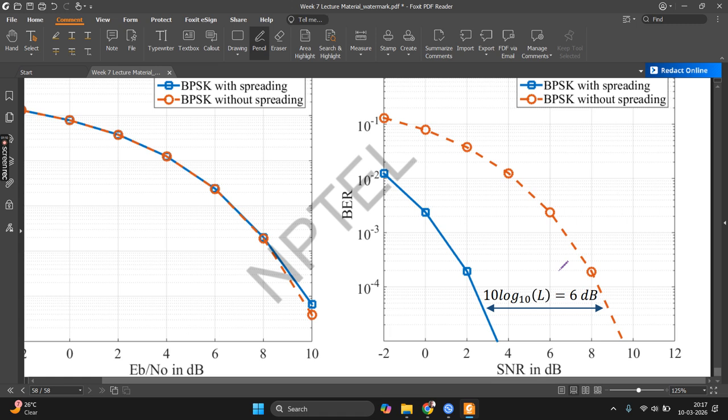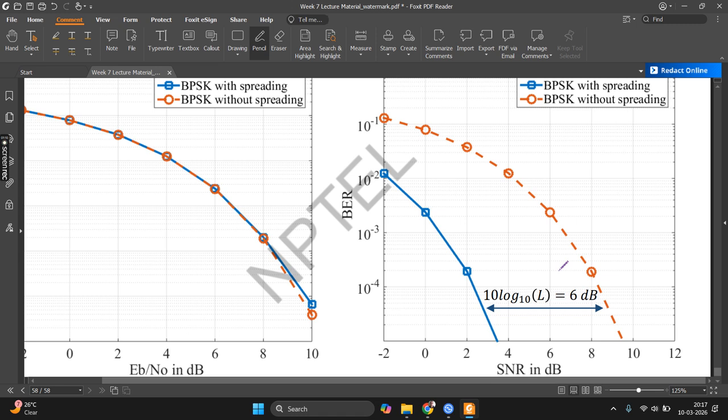But once you have that spread sequence, the noise is getting spread across a large band. So the individual effect of the noise is much lower as compared to without spreading.